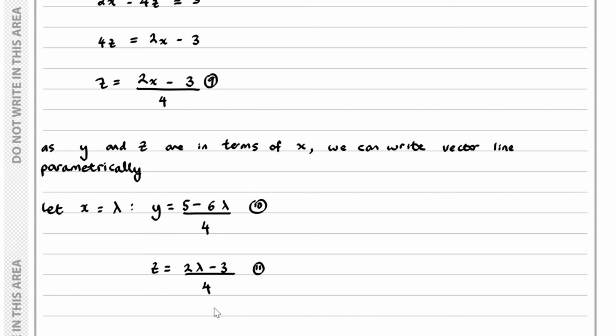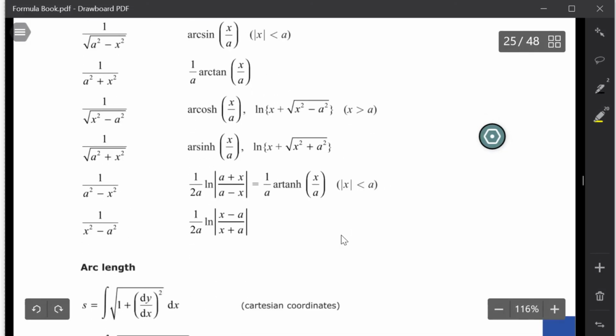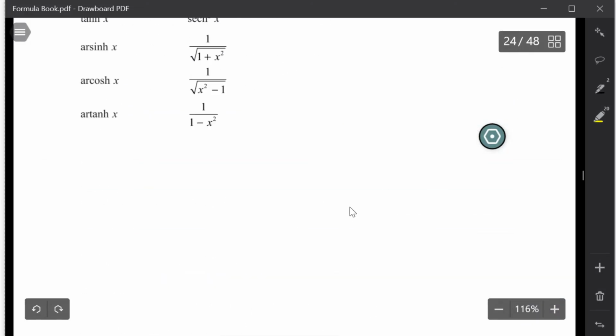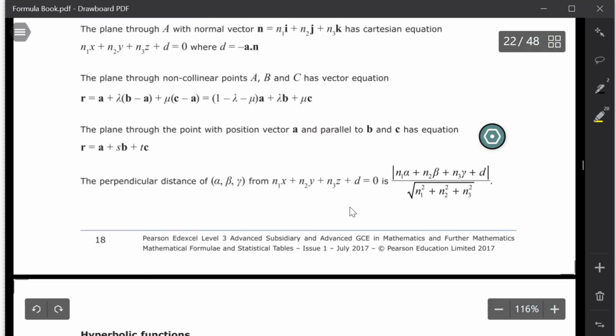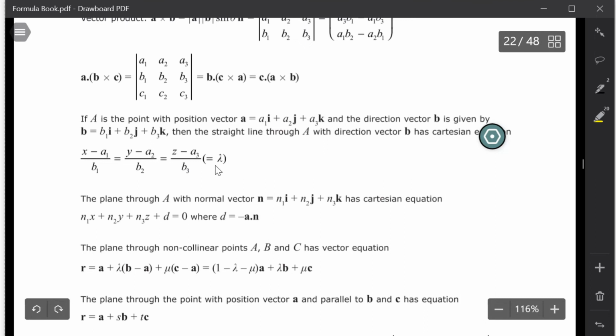So what we can do from equation number 10 is rearrange for lambda. The reason I want to do that is because if you look in the formula book under the vectors section, if we know what lambda is, we can find the Cartesian equation of the vector line.